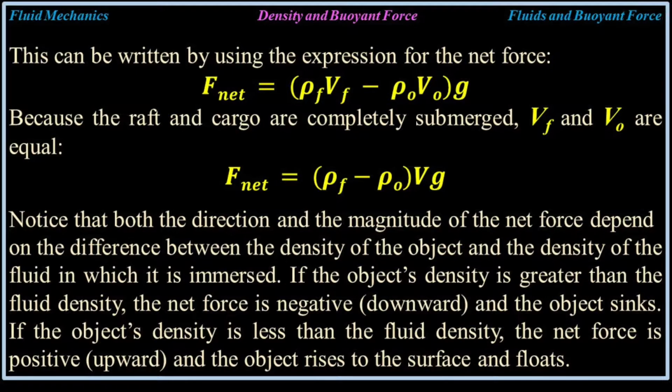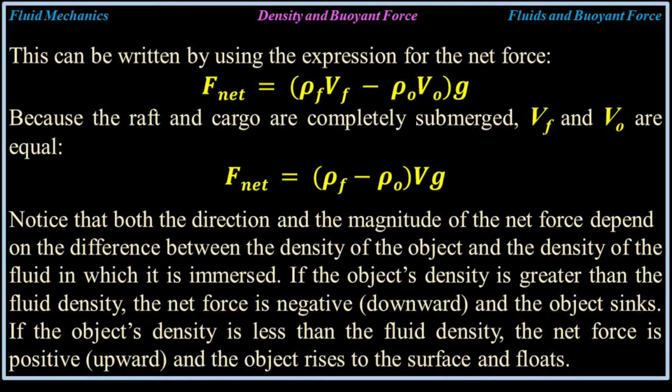This can be written by using the expression for the net force. F net equals the quantity rho f Vf minus rho naught V naught, that quantity times g. Because the raft and cargo are completely submerged, Vf and V naught are equal.